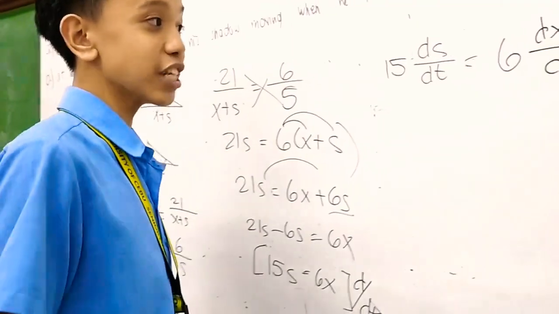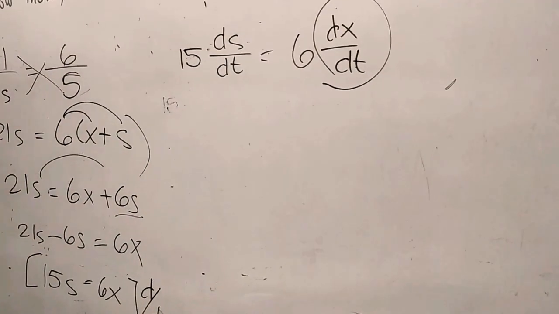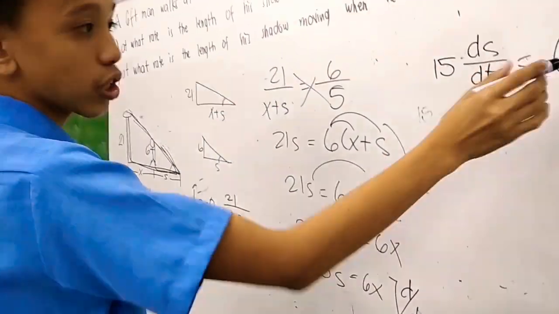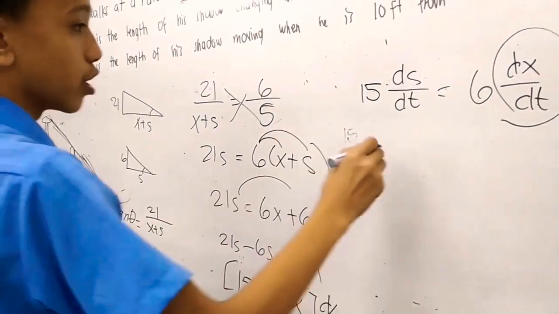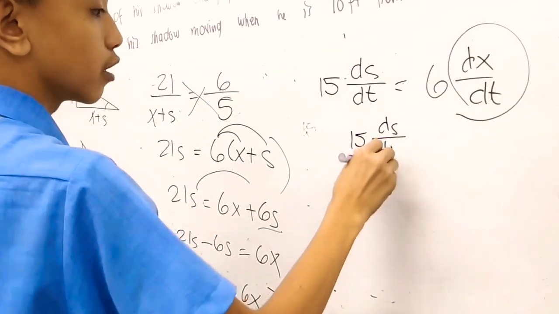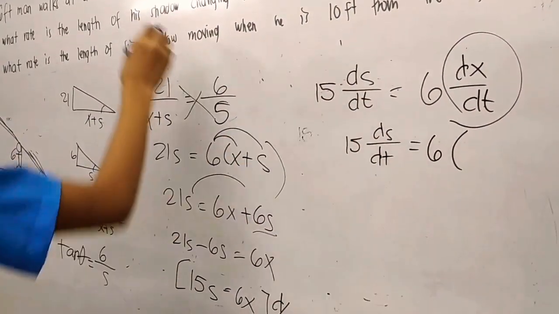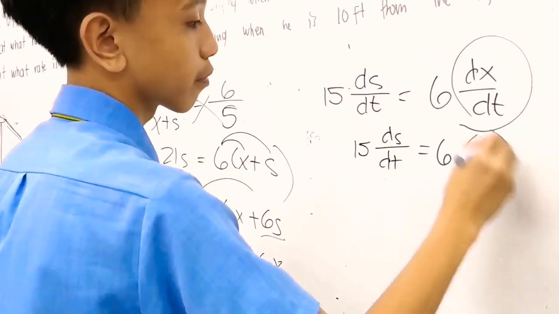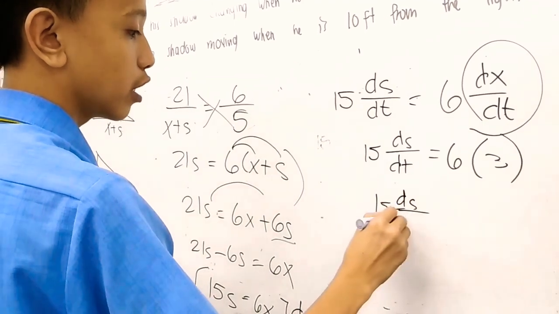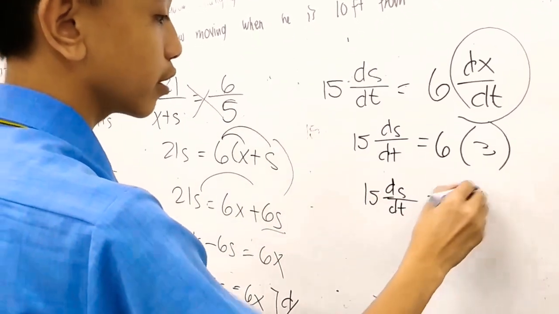Now since we already have a value for dx over dt, which is 3 feet per second, we're gonna substitute it to this equation. So 15 times ds over dt equals 6 times 3, which is 18.